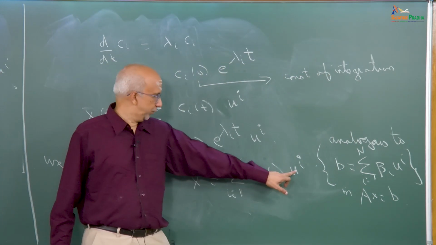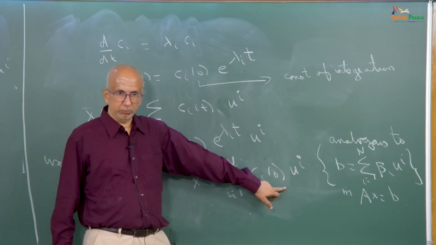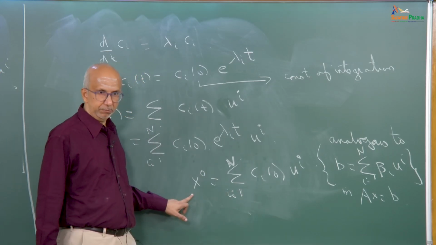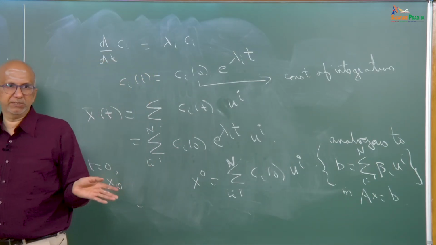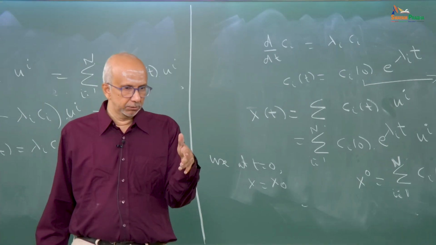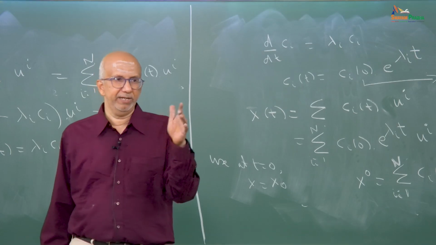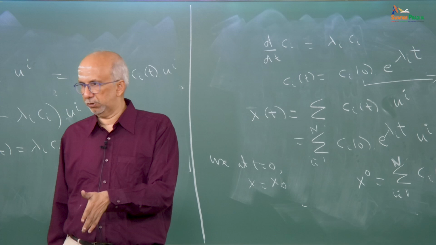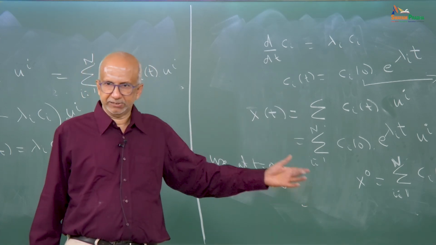I mean, the summation of beta i ui is there. This was unknown, beta i I did not know, I had to find out. I need to find out Ci(0), and this is given, this is like my b. So, now you know this, you can find out what the Ci(0)s are. If A is self-adjoint, you will use the orthogonality property. If A is not self-adjoint, use the bi-orthogonality property, that is all. And you can find out Ci(0), then you can substitute it back inside and you have the solution.